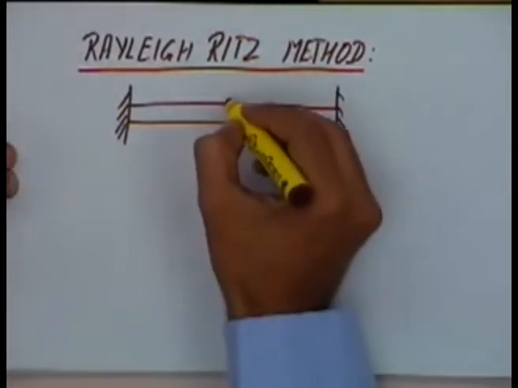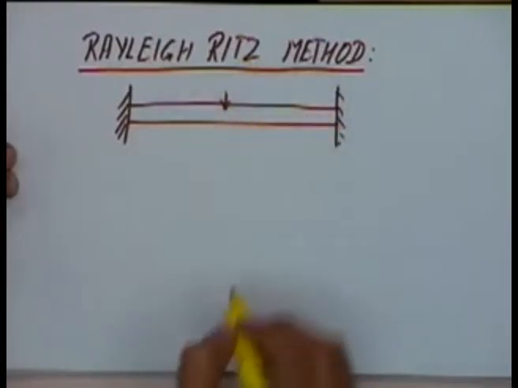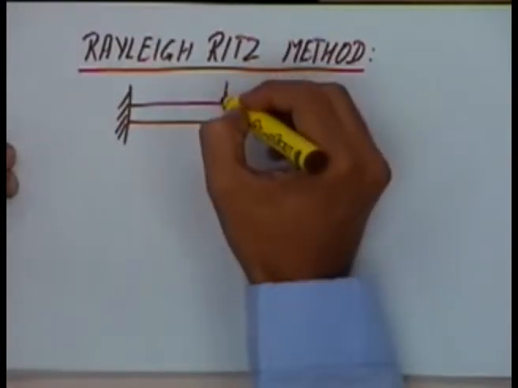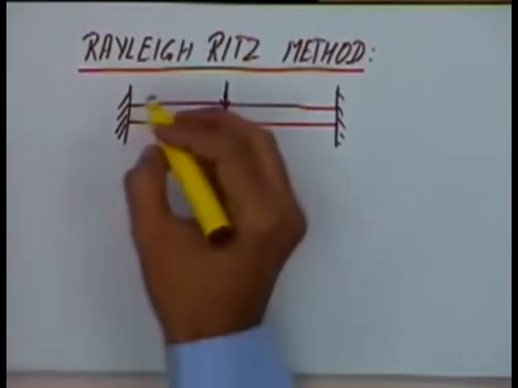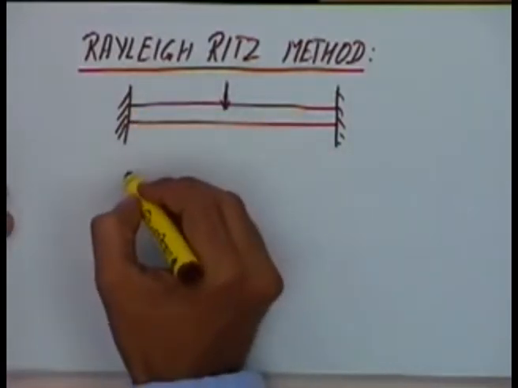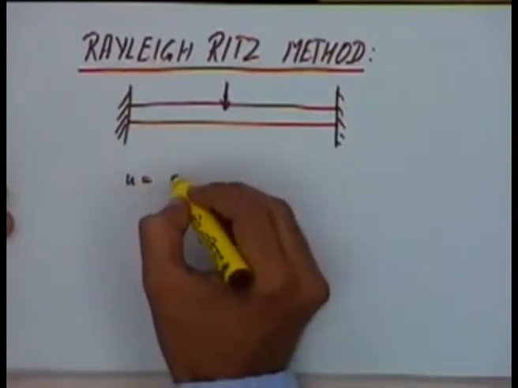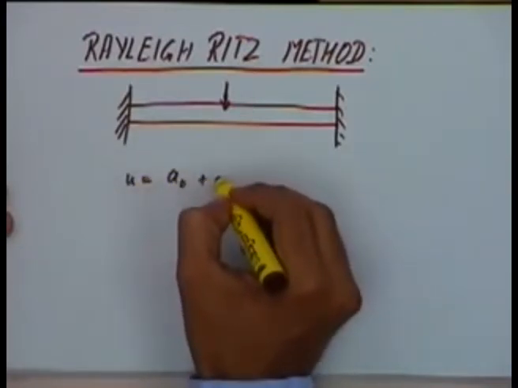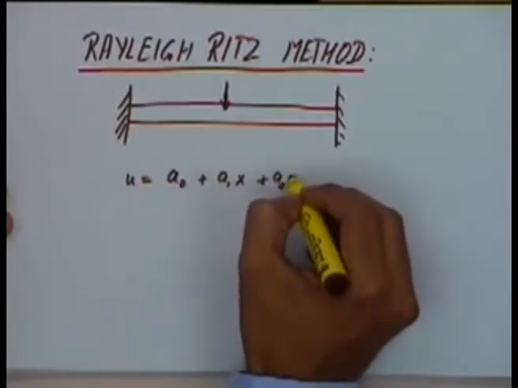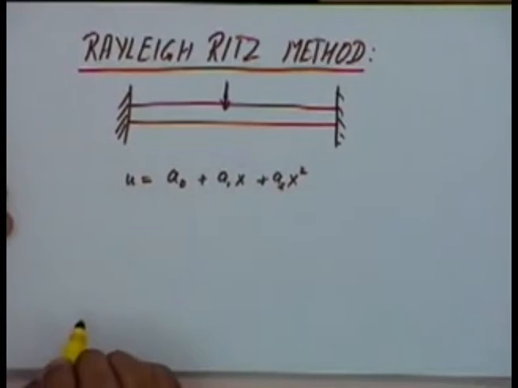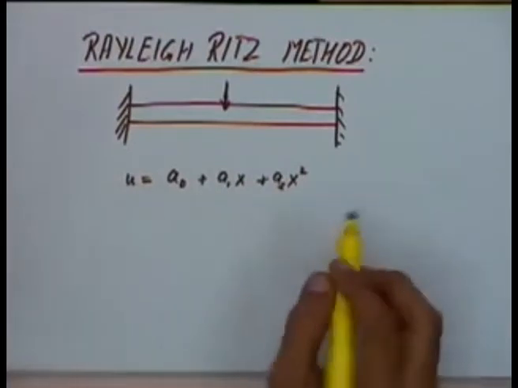If you have an object like this, or a beam like this with a central loading, let us assume that the deformations in the vertical direction are given by this equation. This equation may or may not be correct.